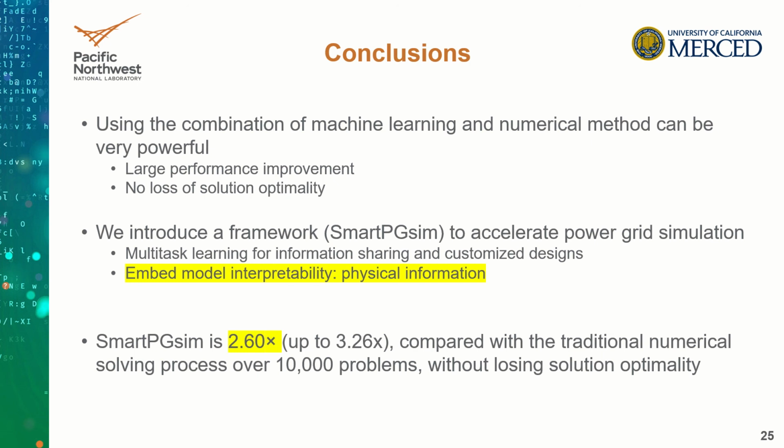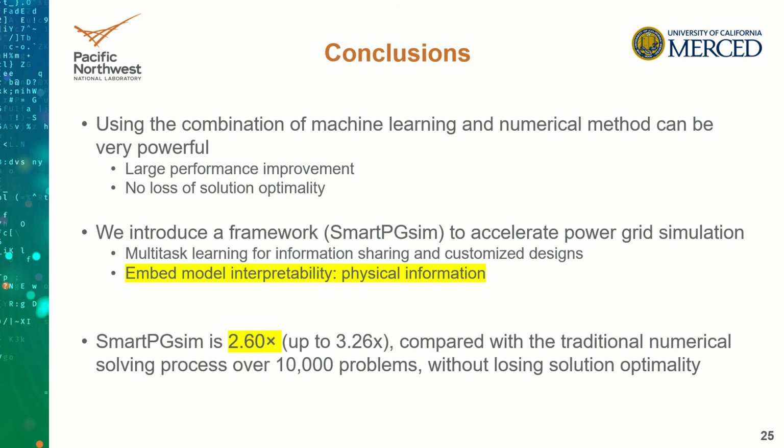Here we introduce a framework, SmartPGsim, which is a hybrid method of machine learning and a numerical solver. By doing so, we can accelerate the power grid simulation without losing any optimality.